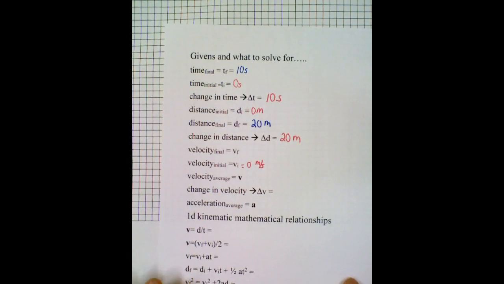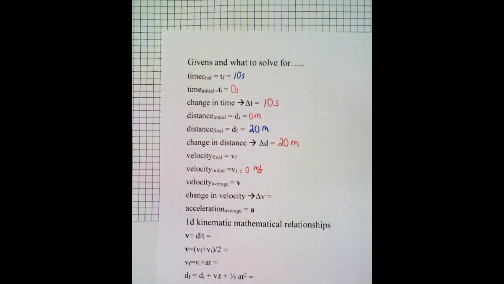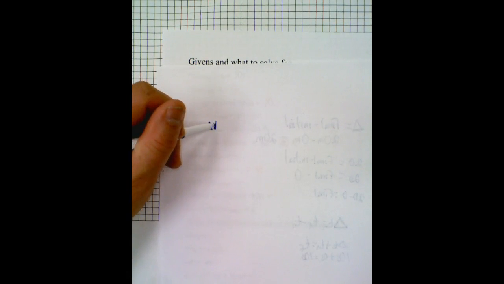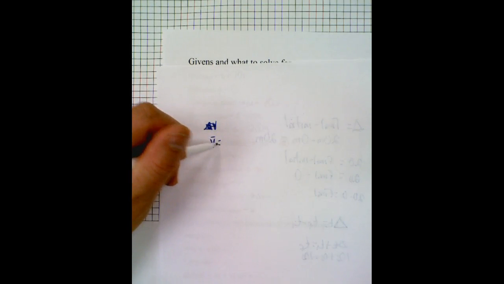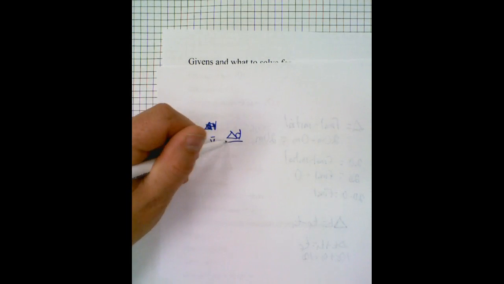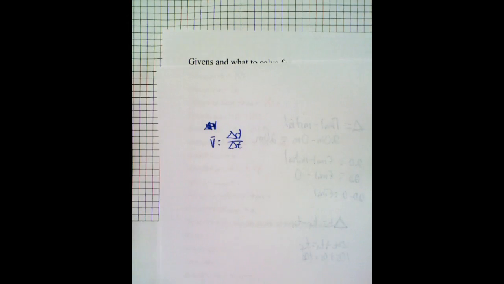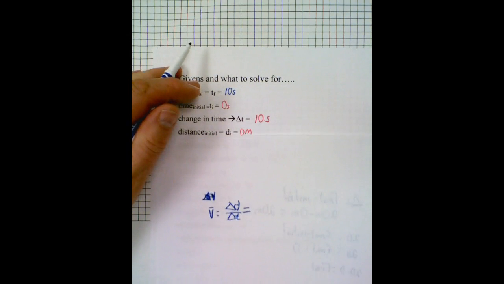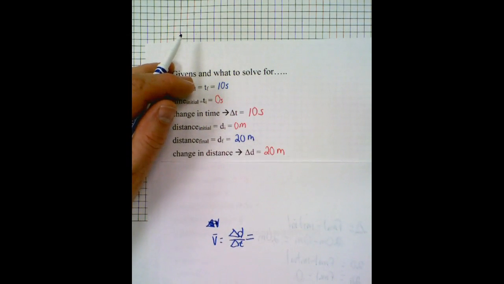We still don't know what the average velocity is, so now we can go again and we can say, okay, V average equals the change in distance over the change in time. Well, we have a change in distance of 20 meters.